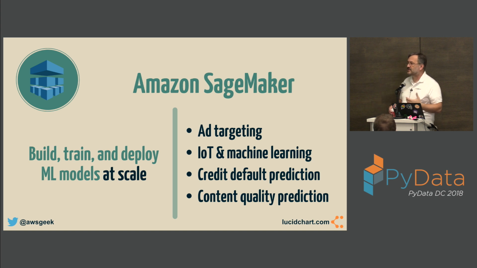If you were to build a machine learning model at scale and wanted a cluster of GPU instances to train your model, SageMaker will help do that for you instead of you having to do that yourself.